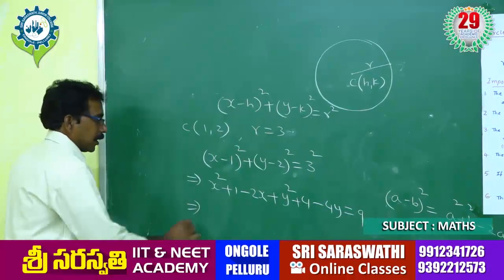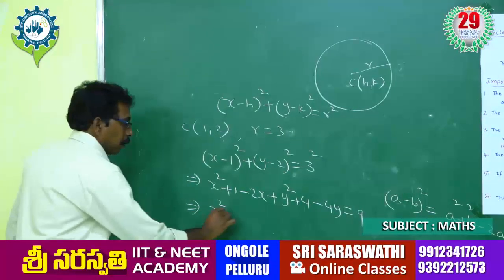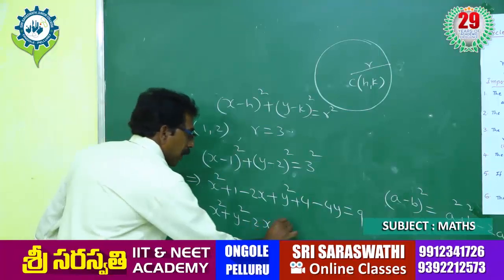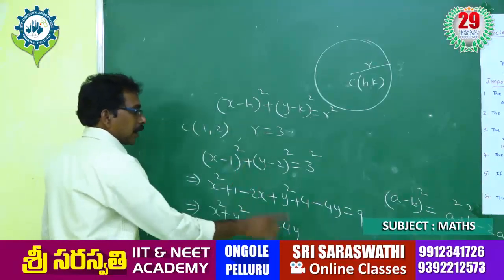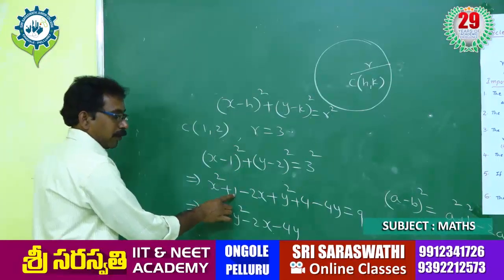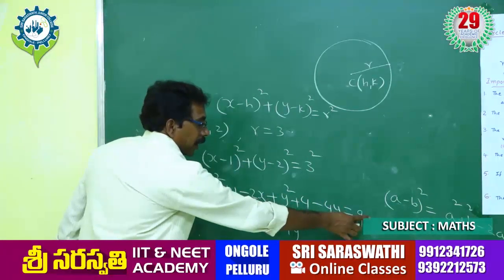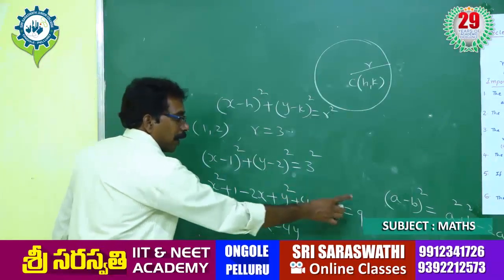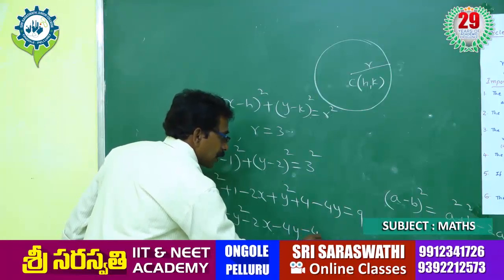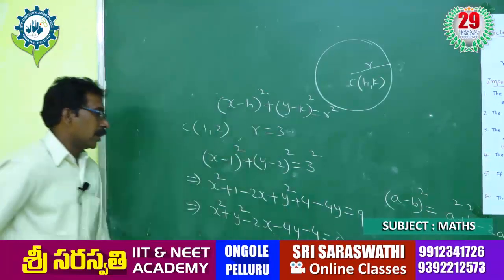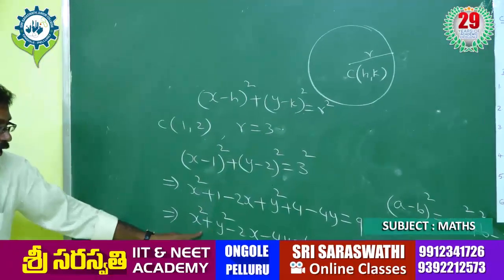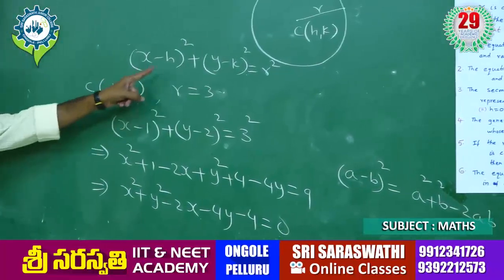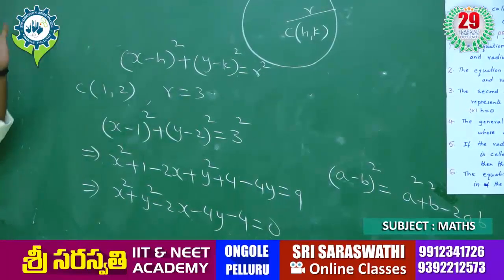That implies x square plus y square minus 2x minus 4y. Here the constants 4 plus 1 is 5, and 9 comes to this side as minus 9. So 5 minus 9 means minus 4 is equal to 0. This is the required equation of a circle where center and radius are given.